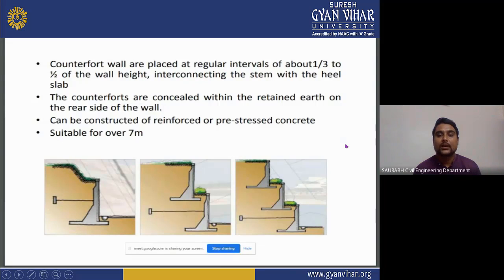The counterforts can be constructed of reinforced or pre-stressed concrete, and it is suitable for over 7 meters. As you can see, this is the image of a counterfort wall, which works as a retaining wall, and this may be built for over 7 meters.